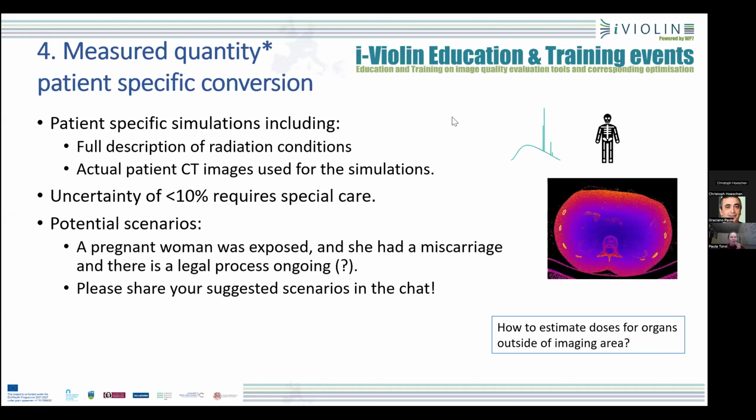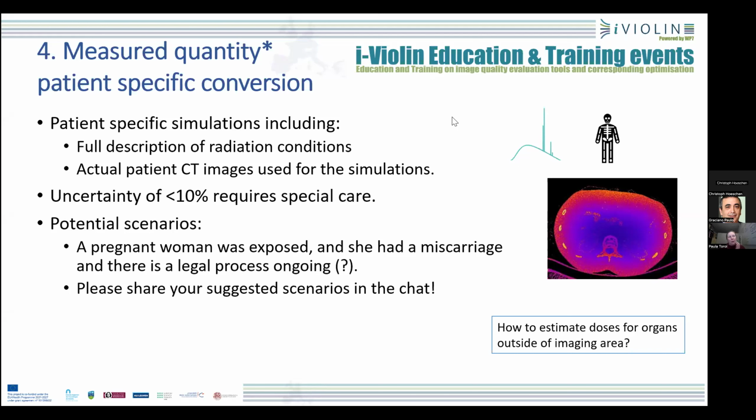But we need to take special care of these conditions. One challenge is how to estimate the organ doses for those organs which are not within the imaging range. Even there, we would probably need to use some kind of model to estimate the dose for the organs which are not in the primary beam.